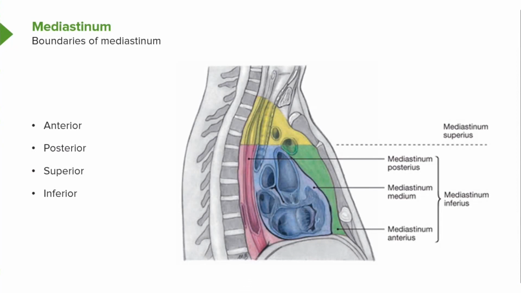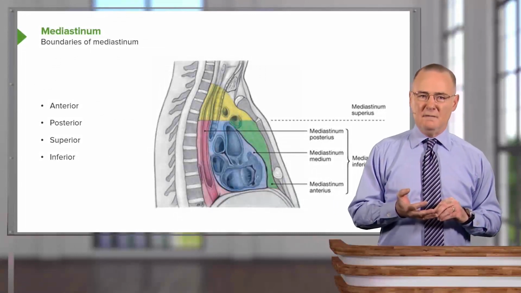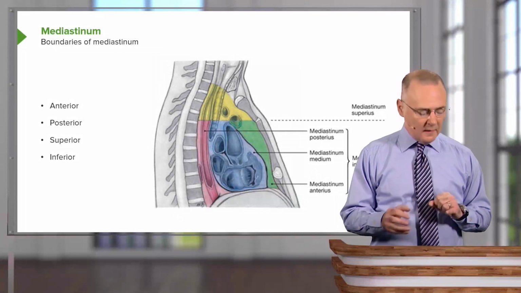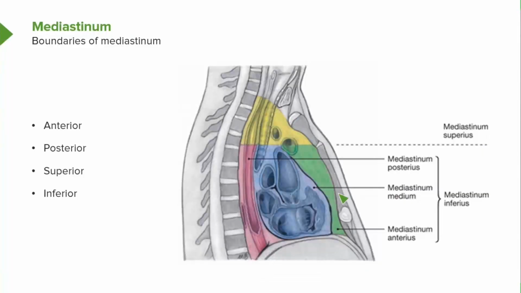And the first thing that we need to understand would be the boundaries of the mediastinum. And those boundaries will be an anterior boundary, a posterior boundary, a superior boundary, as well as an inferior boundary. The anterior boundary will be the sternum, and that is the structure here.